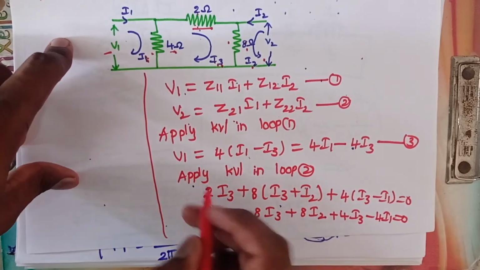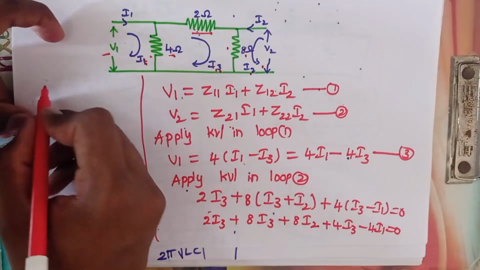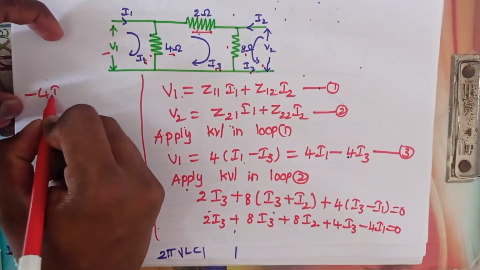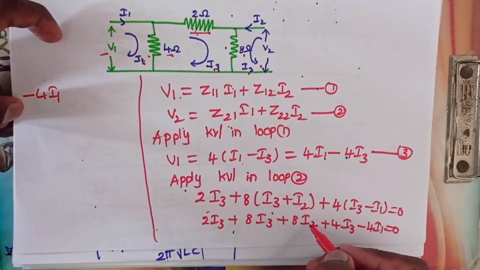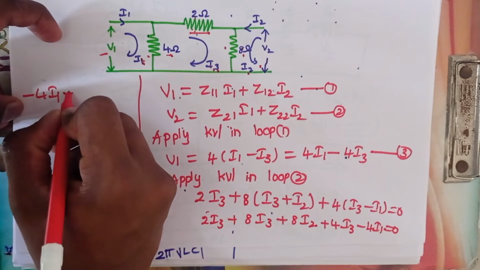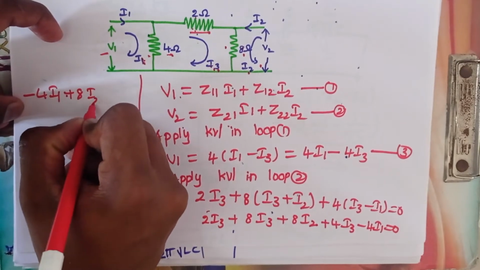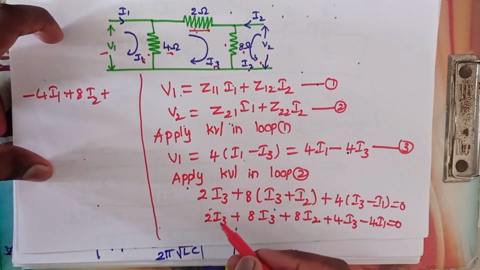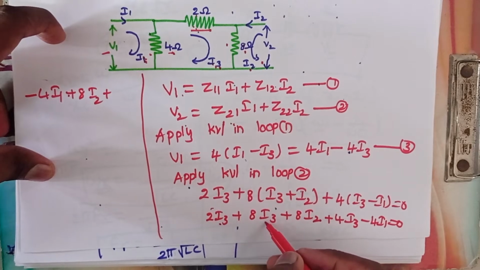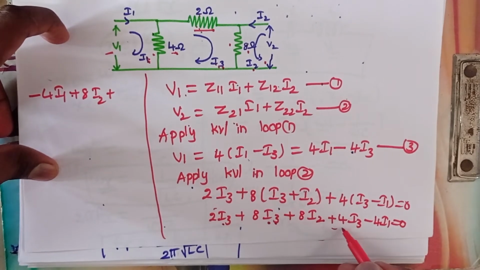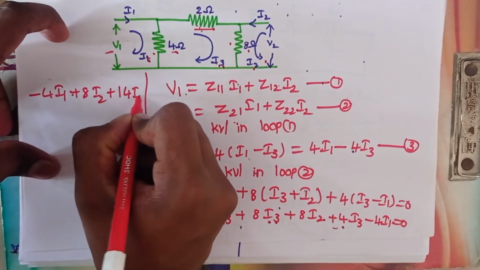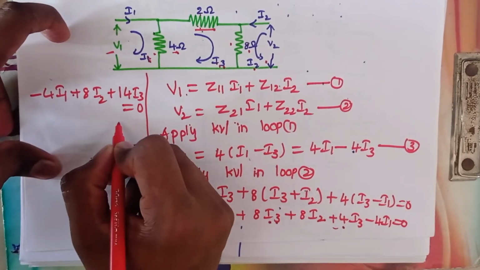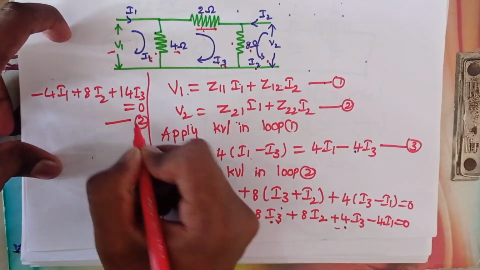Rewrite this equation: minus 4I1, the I2 term is only 8I2, and the I3 terms are 2I3 plus 8I3 is 10I3, plus 4I3, 14I3 equal to 0. Consider this as equation number 4.